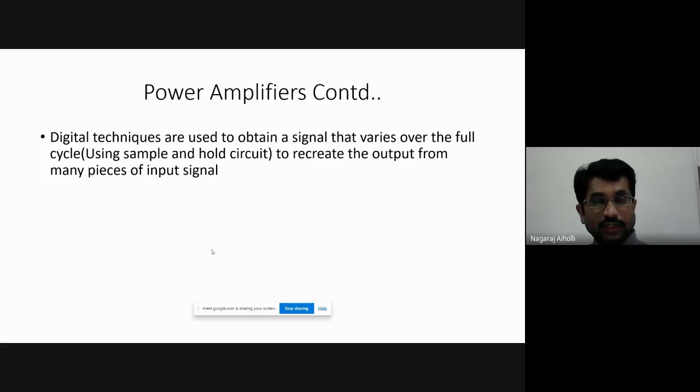That constant signal is obtained with the help of the sample and hold circuit, because we are sampling the signal and maintaining the sampled signal, or the cut signal, constant for a certain time. Then it is applied to the analog to digital converter, which converts the output of the sample and hold into a digital output. So this is the digital technique that is used in the class D type of power amplifiers.